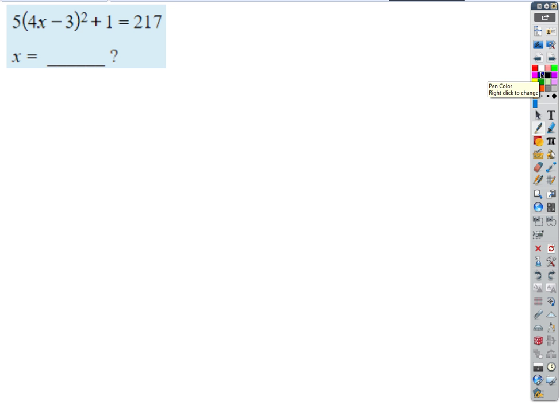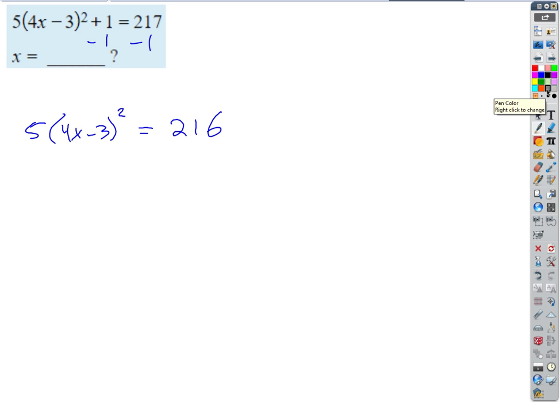What am I going to do first? Subtract 1. So I get 5 times 4x minus 3 squared equals 216. Okay, now what? Divide by 5. Good. We're just reversing order of operations, right?